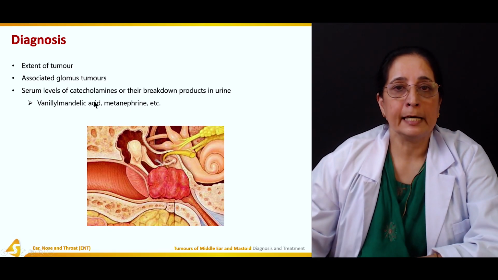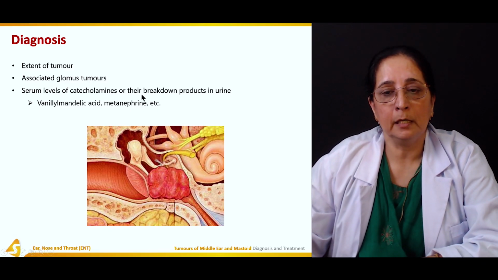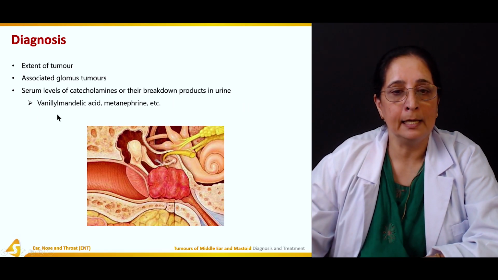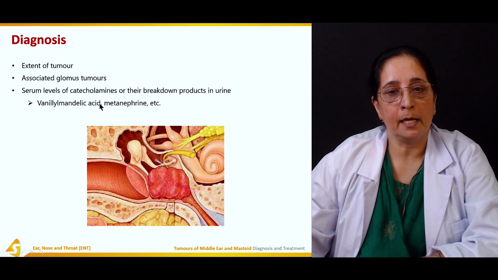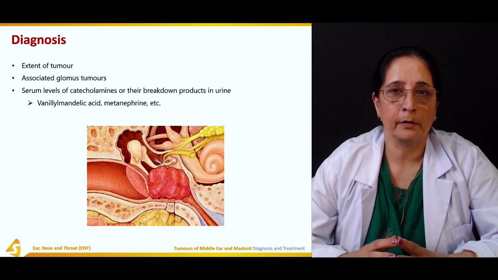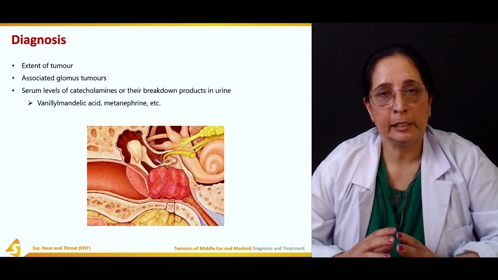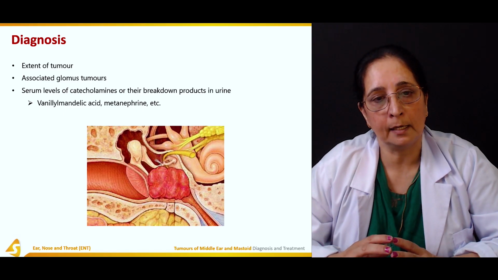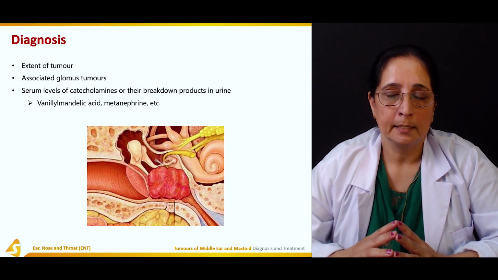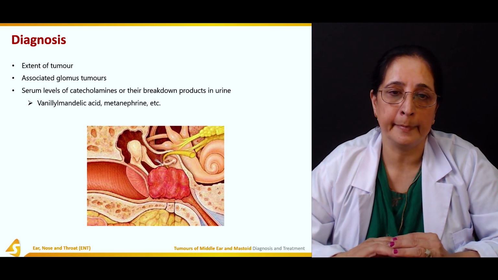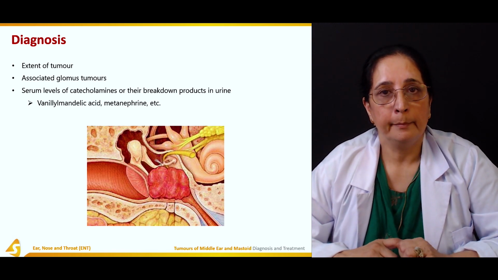Serum level of catecholamines or their breakdown products in the urine, like vanillylmandelic acid and metanephrines. These are the byproducts of catecholamines. Catecholamines are produced by the tumor, and if their levels are increased in the serum, the level of the byproducts of catecholamines can be measured.